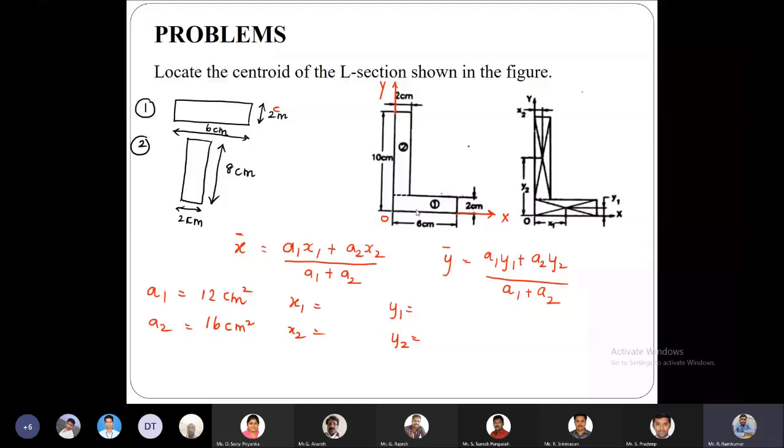First we need to find for the cylinder. For the cylinder we can directly use h by 2 for y bar.